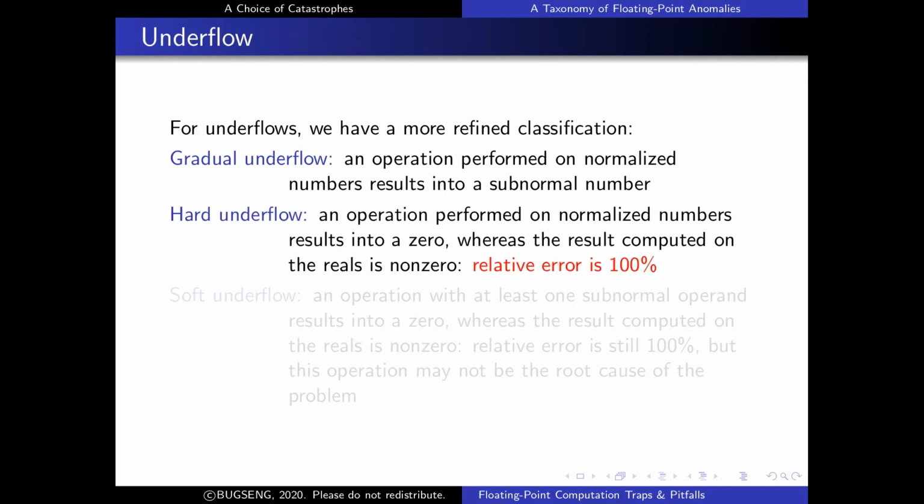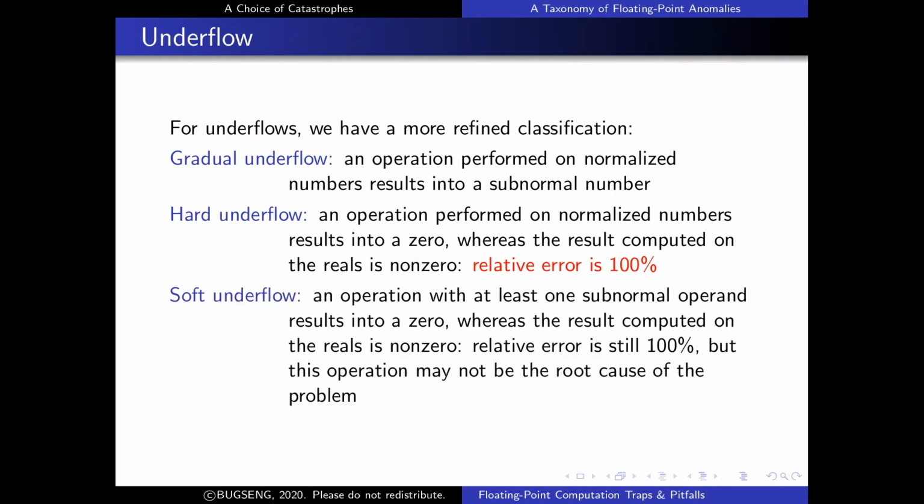Okay, and hard underflow is when you have normalized numbers that, due to the operation, result in a 0, whereas the result computed on the reals is not 0. So we have a relative error of 100%. And soft underflow, we have an operation with at least one subnormal operand, which results in 0, whereas the real result is non-zero.